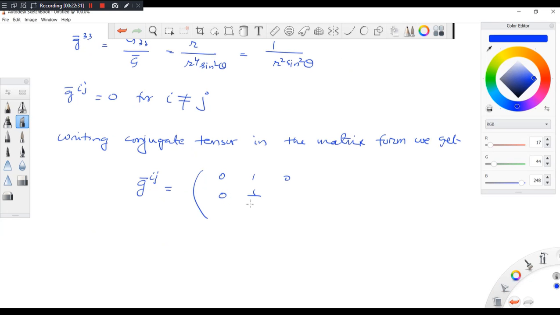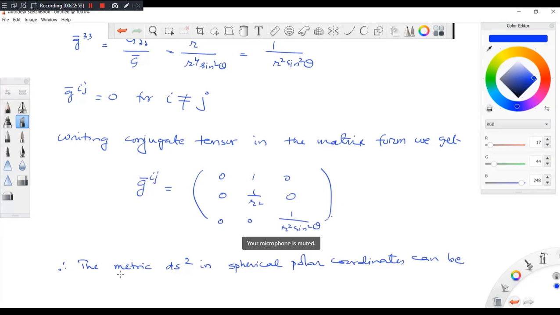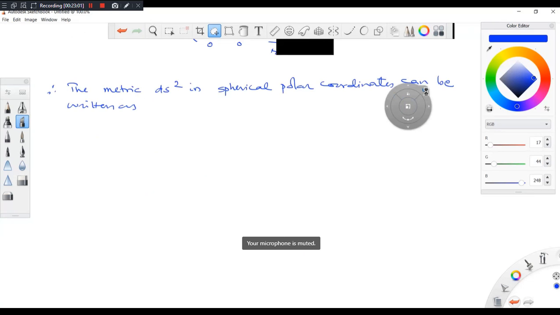So therefore, the metric ds square in spherical polar coordinates can be written as, the metric was not asked, but still I will give you ds square, what is the formula? G bar pq dxp dxq.